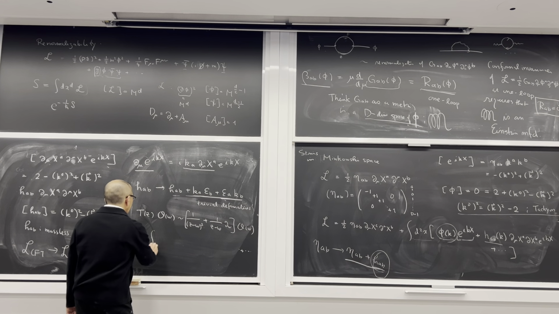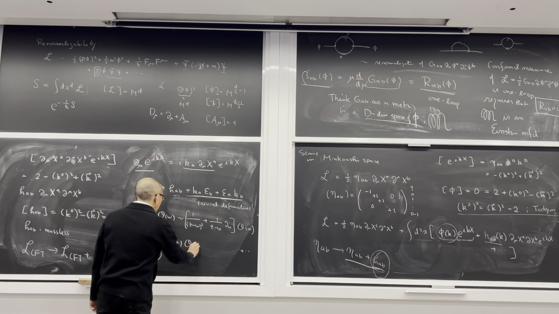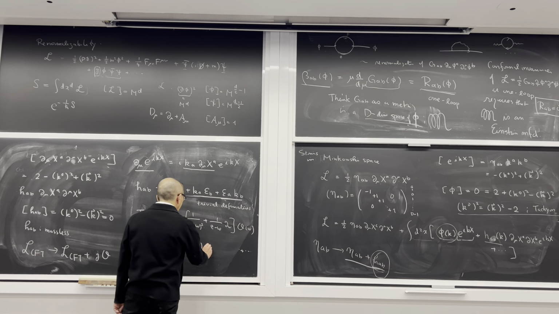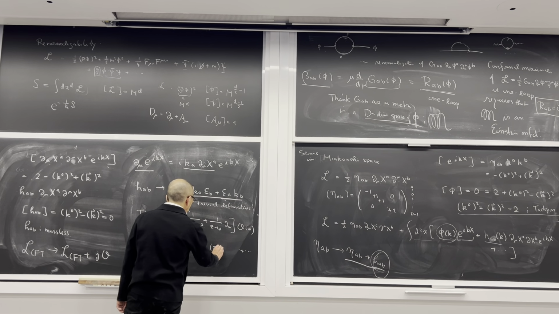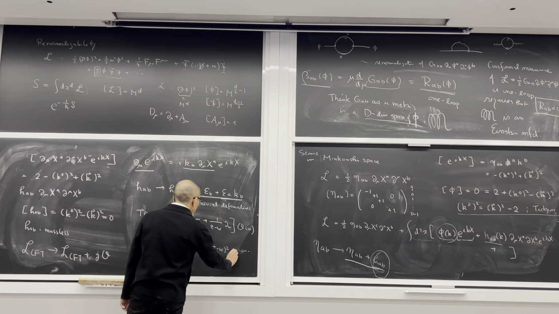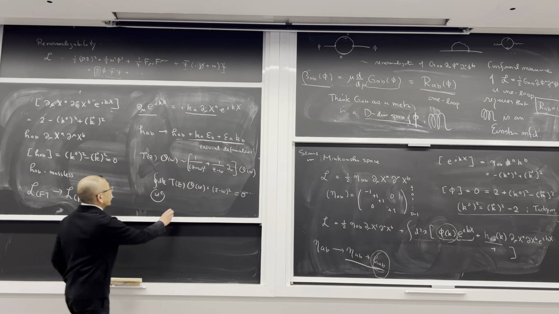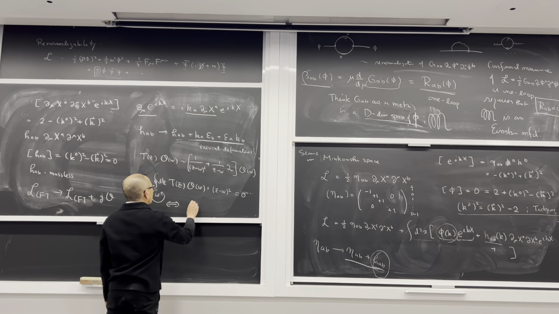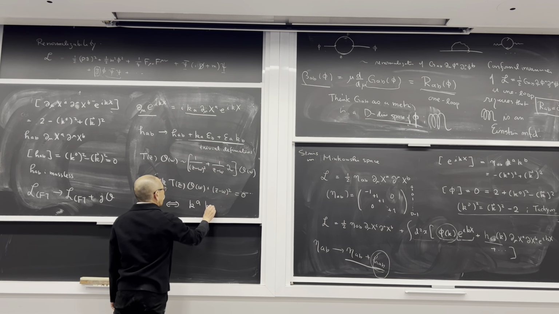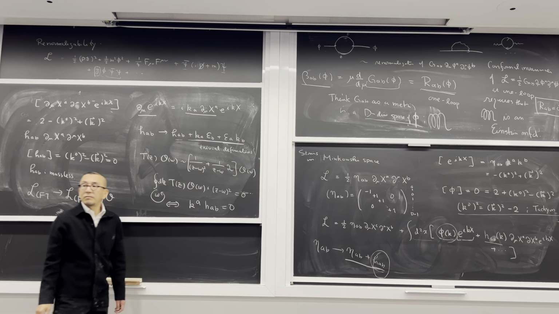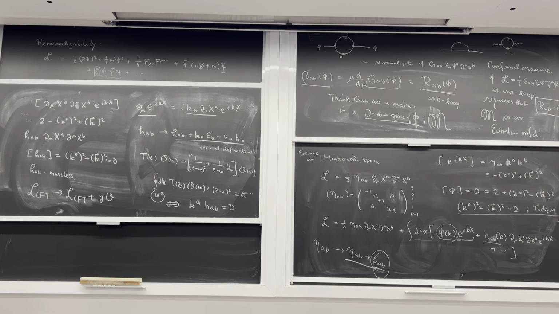So this in particular means that if you calculate the contour integral, Cauchy integral of the energy momentum tensor around this point with a multiplication of z minus w square, then it should vanish because there is no third order pole here. And if you work out this condition, you find that this condition in this particular case is a condition that k^A HAB is equal to 0. So this is actually the Lorentz gauge condition.